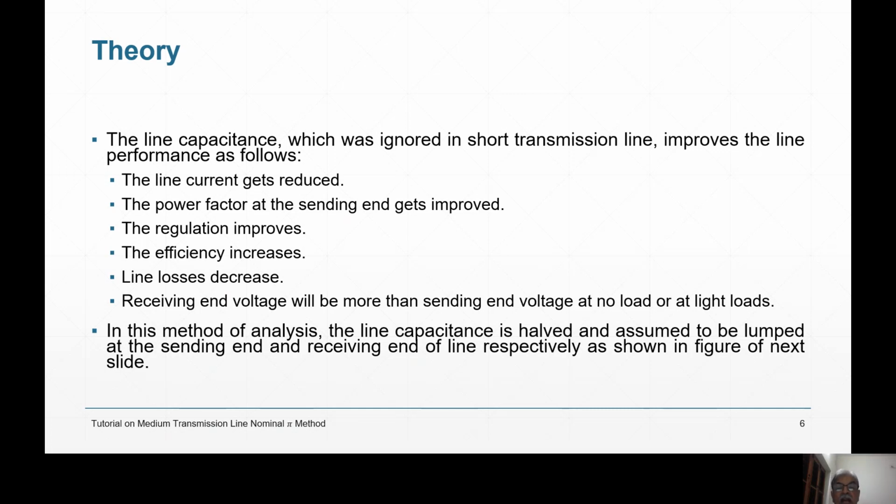If you are going for pi analysis, then there are two capacitors, half of the capacitance at the sending end, one half at the receiving end, and the total resistance and inductance at the center. That is the pi representation. Right? As we have discussed, the pi is the best mathematically as far as the analysis is concerned.